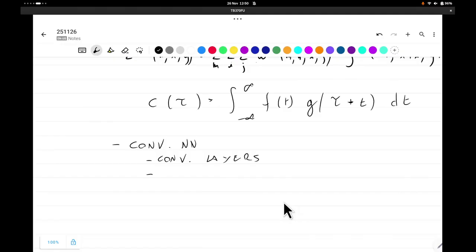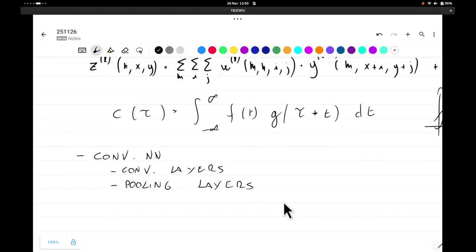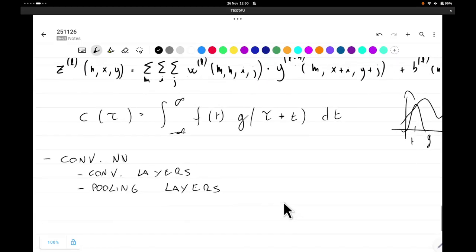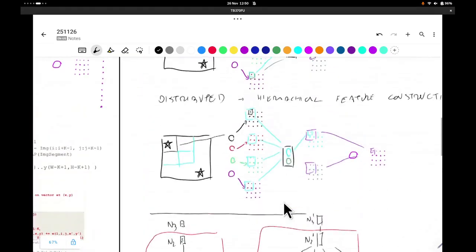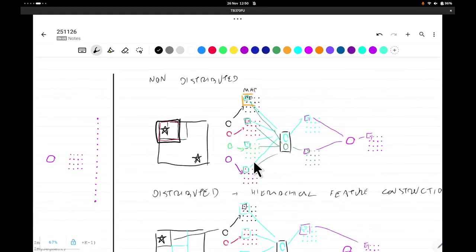So people add, and again, you might have heard about them, pooling layers. Basically, the pattern that you're looking for could be a little bit at the border of different pixels.